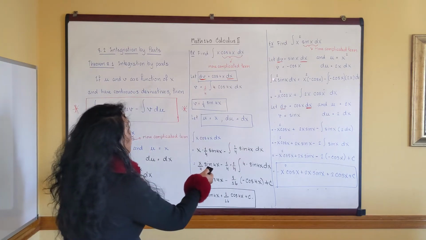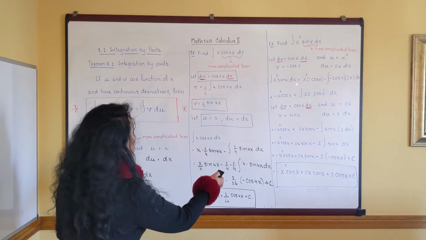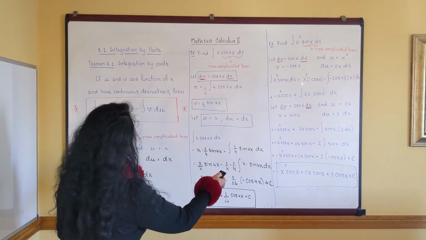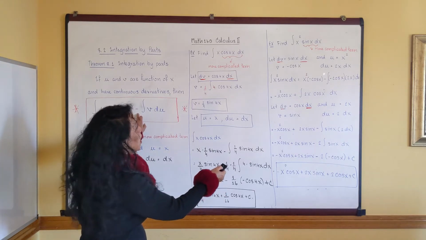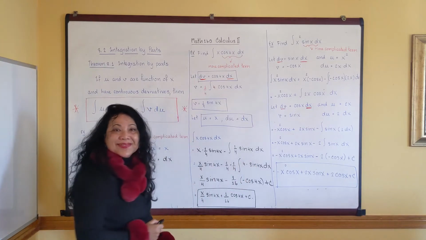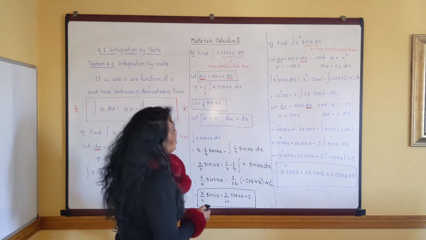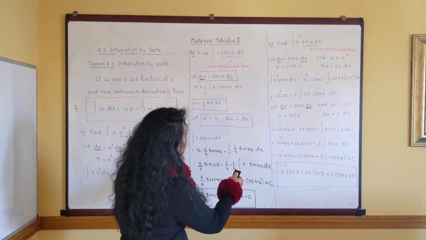So I have the integral of u dv is equal to u times v minus, just follow the formula, the integral of v du. Now the first term here, I just put a negative up front.